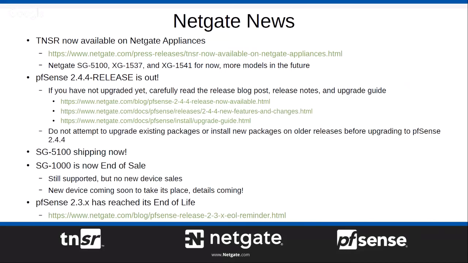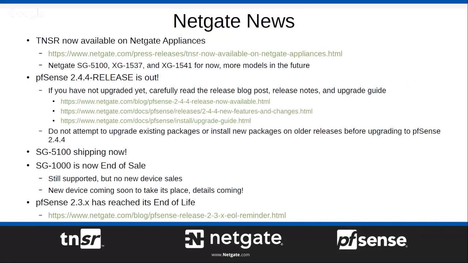Our pfSense 2.4.4 release is out, which is one of the reasons we didn't have a Hangout last month. We're all really tied up with the release for that. We didn't have any time to spare. But if you haven't upgraded yet, be sure to carefully read through the blog post, the release notes, and the upgrade guide. This is a pretty big update. It's not one you want to skim the release notes about.